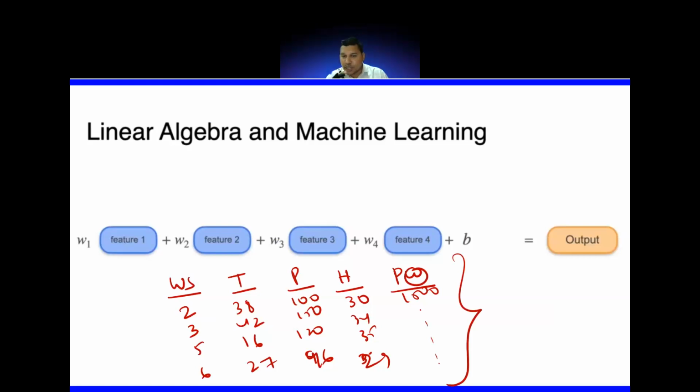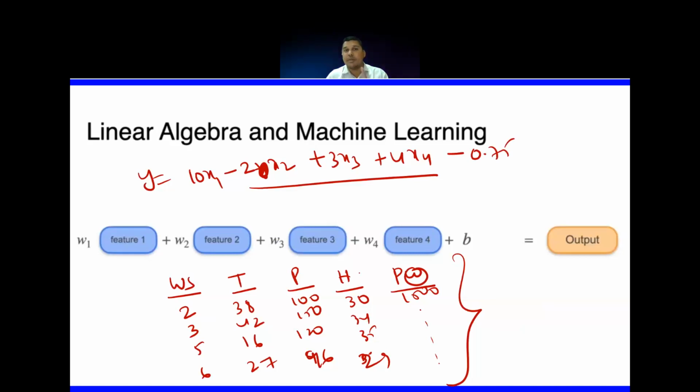Somebody has already given me an existing data set. Using this data set, I have to form one single line, one single equation, something like this: y equal to 10x1 minus 2x2, sorry, plus 3x3 plus 4x4 minus 0.75. So this is my machine learning model.